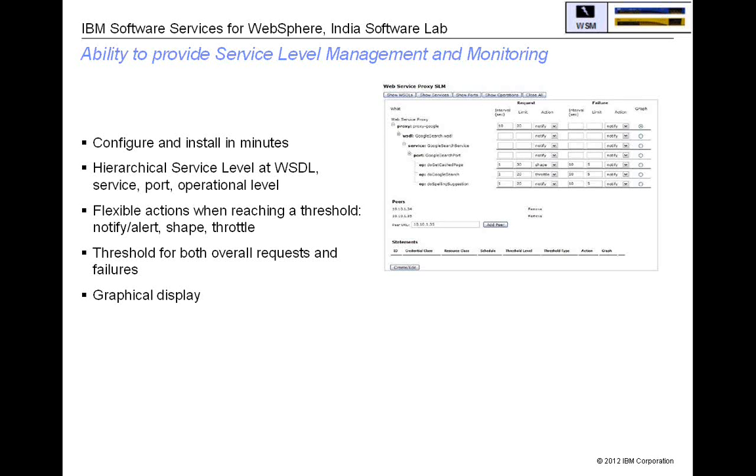Whenever there is a certain kind of traffic coming onto a certain kind of operation, you might want to shape, you might want to throttle, or you might want to just notify that, hey, I received from user X more than 20 requests in the last 10 seconds. This kind of granular control can be provided in DataPower, and DataPower will notify, shape, or throttle this request.